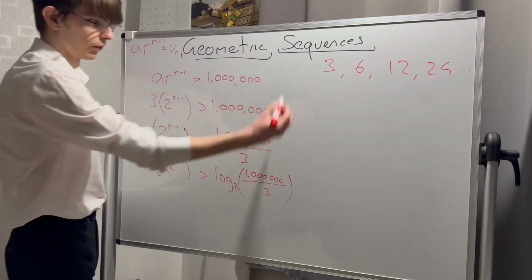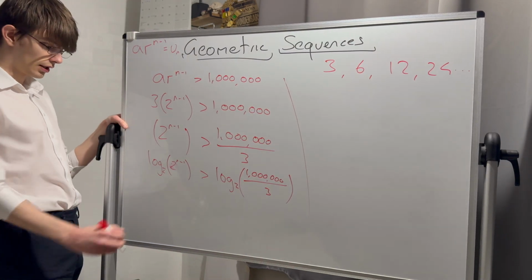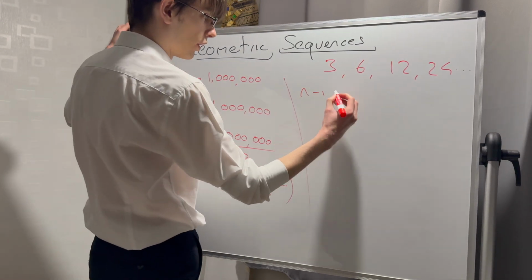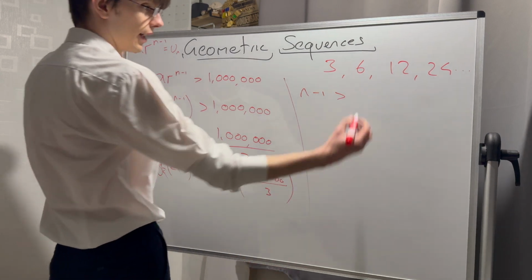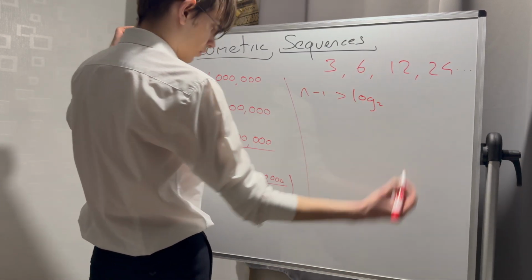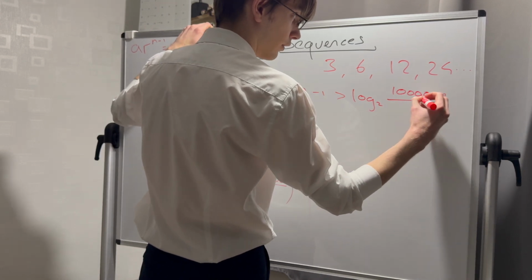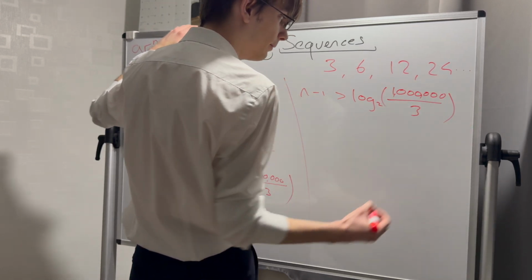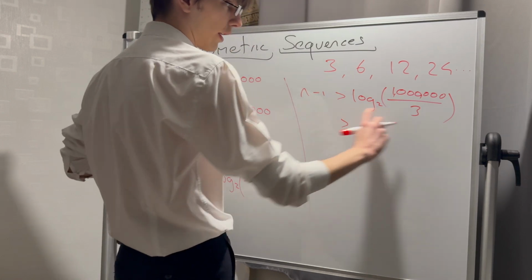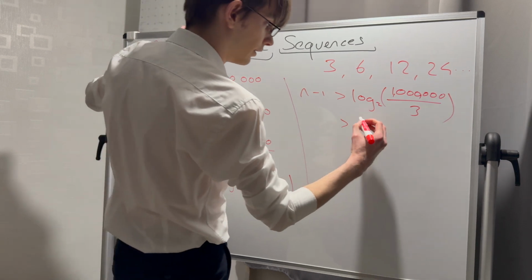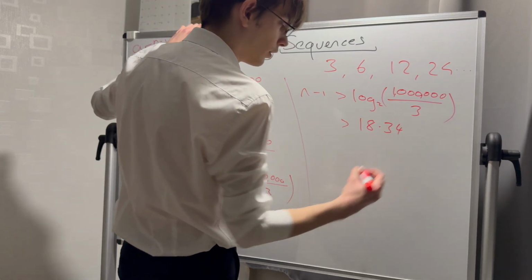I really need a bigger whiteboard. Wow. Now, my log base 2 and my 2 will cancel. So I'm left with n minus 1 must be greater than log base 2 of 1 million over 3, which, if I throw that right-hand side into my calculator, I get 18.34.